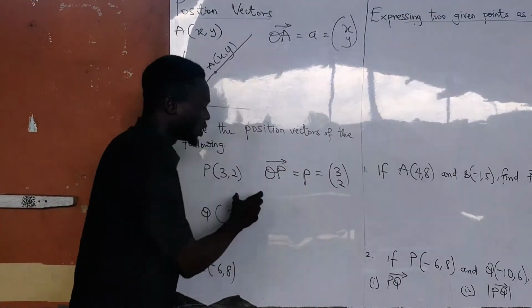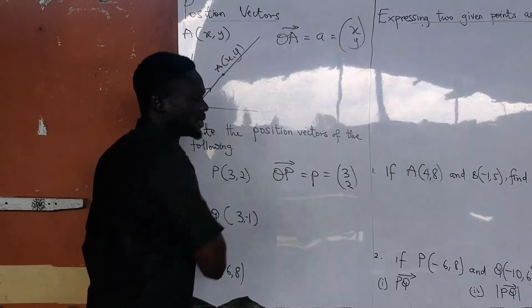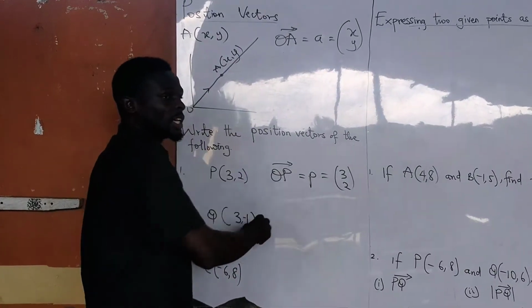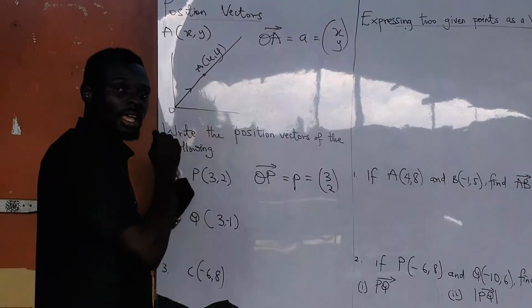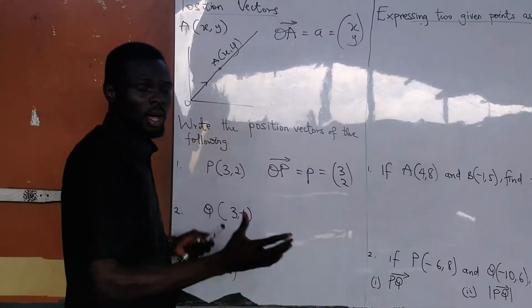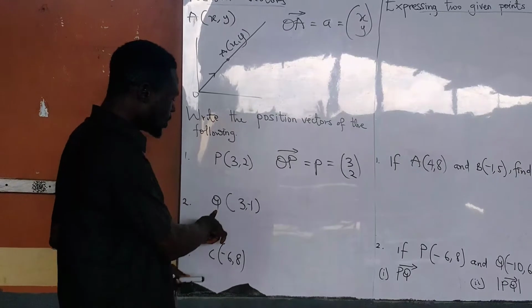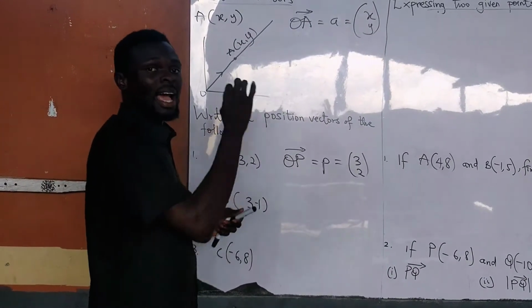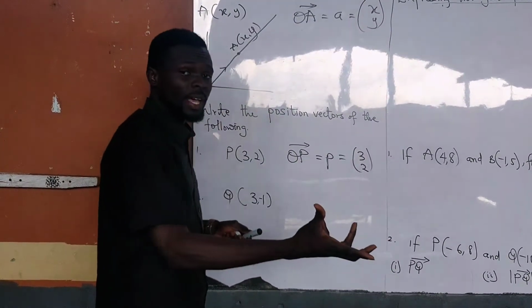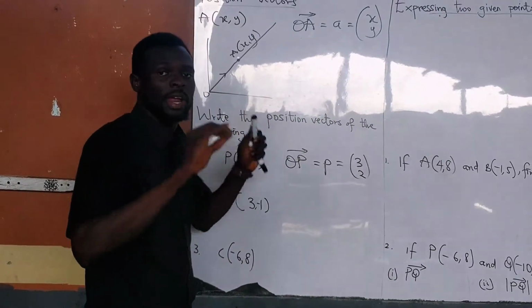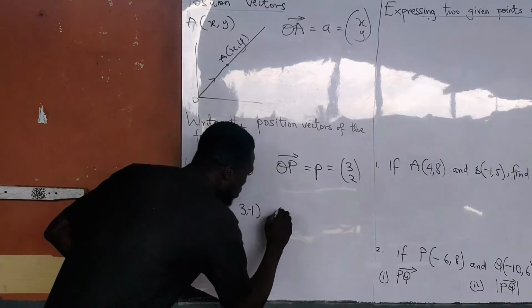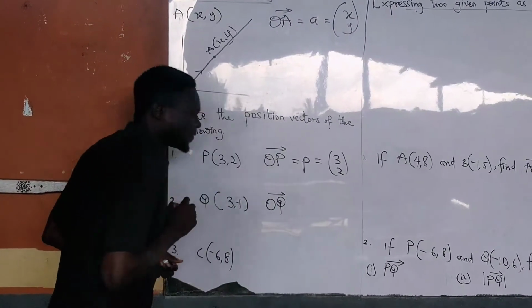So this position vector is represented by going from the origin to the point. With the second one, we have point Q as (3, -1). To write its position vector, every point is referred from the origin, so this is OQ, which is a vector.